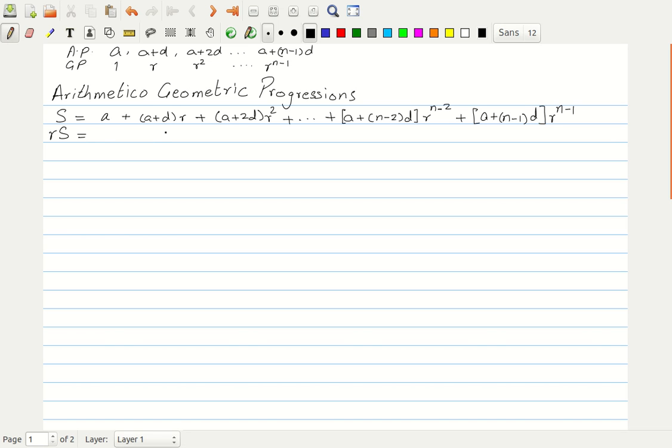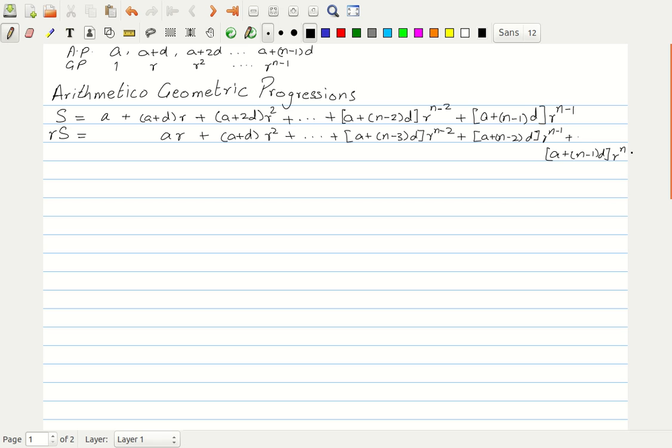Once you multiply this, it becomes ar, so we write it over here, ar plus a plus d r square, this will become a plus n minus 3 d r to the power n minus 2 plus a plus n minus 2 d r to the power n minus 1 plus, I write it here, this last term would be a plus n minus 1 d r to the power n.